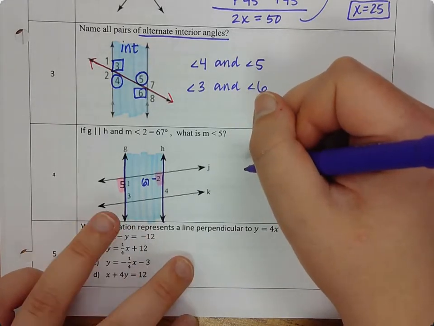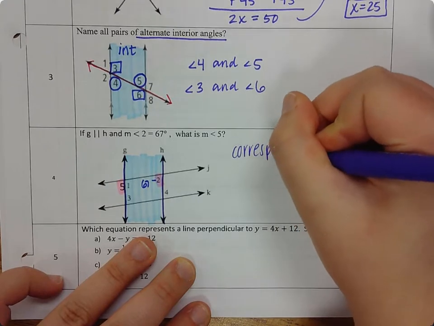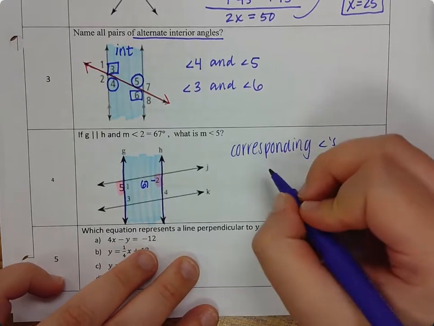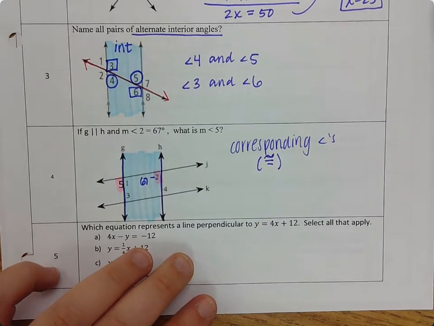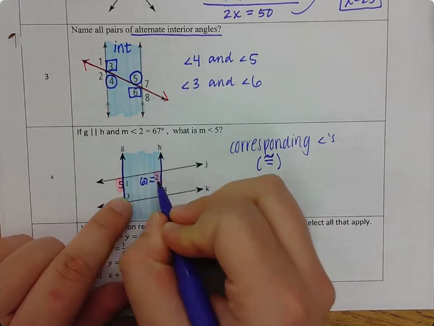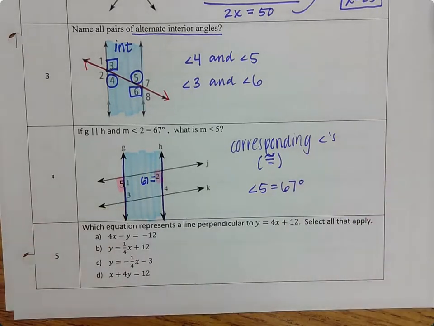So 5 and 2 are what we call corresponding angles. And we know from our theorems that corresponding angles are congruent to each other. So if angle number 2 is 67 degrees, angle number 5 is going to be 67 degrees as well.